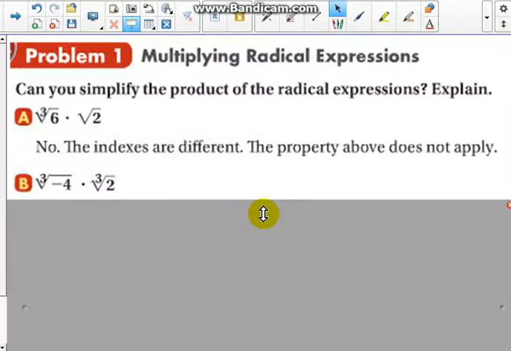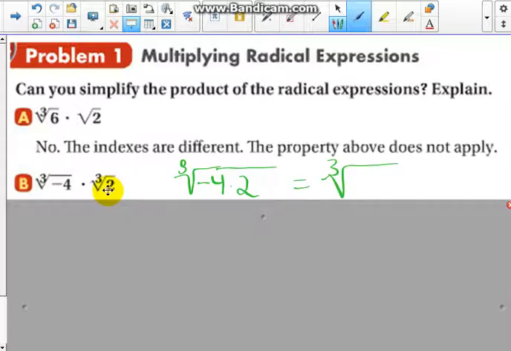B, we have cubed root of negative 4 times the cubed root of 2. Our indexes are the same, so we can do the multiplication property on the radicands. So this would become radical 3 and negative 4 times 2, which would become the cubed root of negative 8.